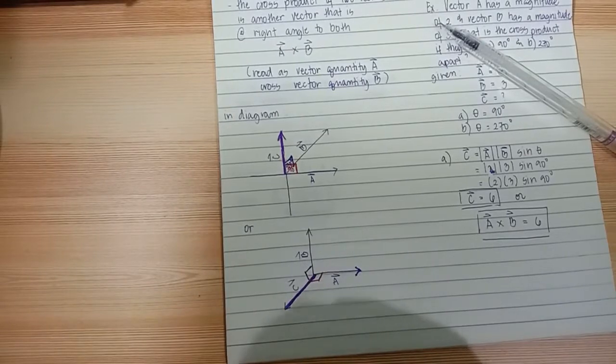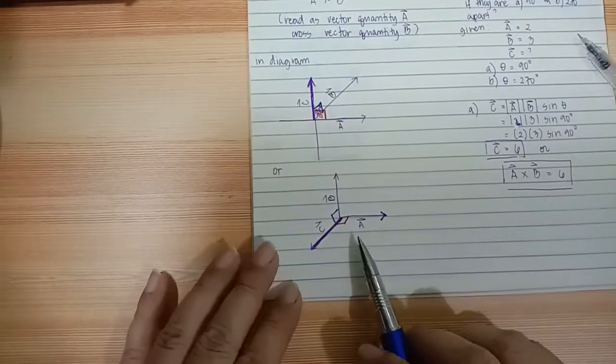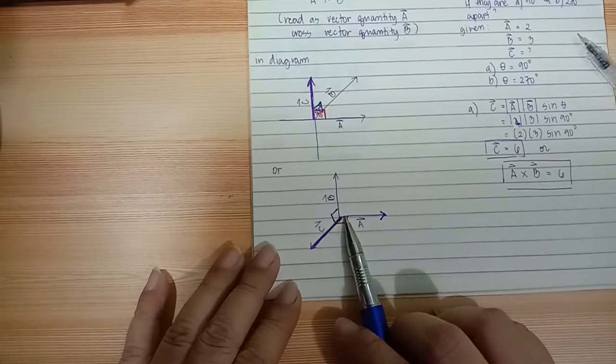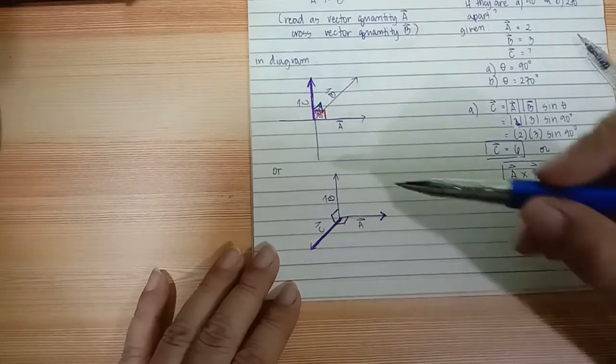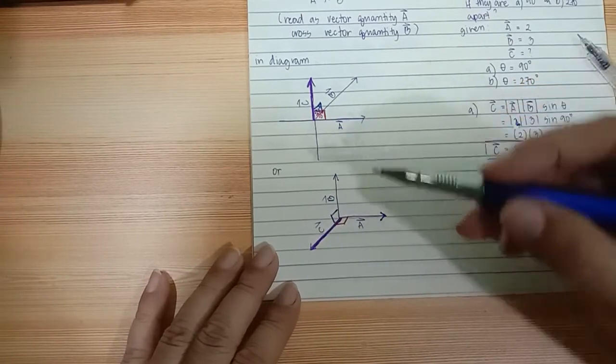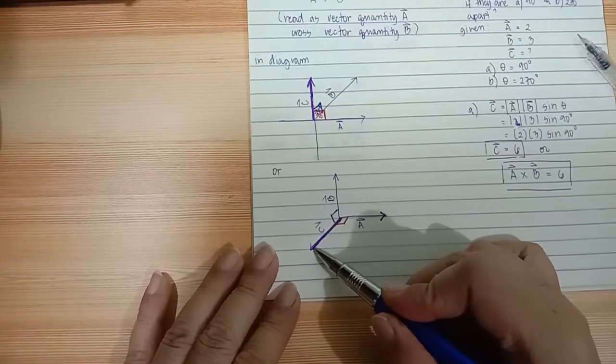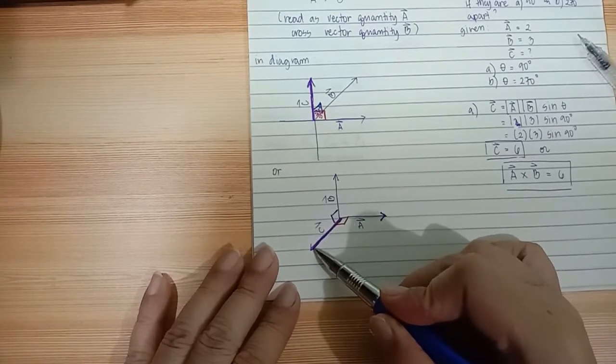Okay? Then, pwede din naman ganito. Halimbawa, eto si vector quantity A, dito naman natin ilalagay si vector quantity B. Okay? Then, dito natin ilalagay si resultant vector C. Pwede yan, ha? Pwede yan.